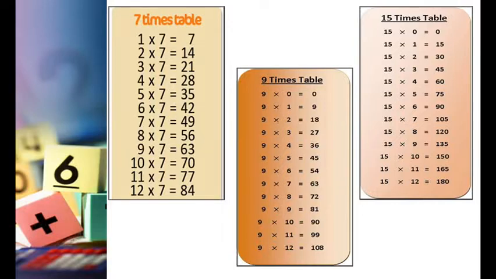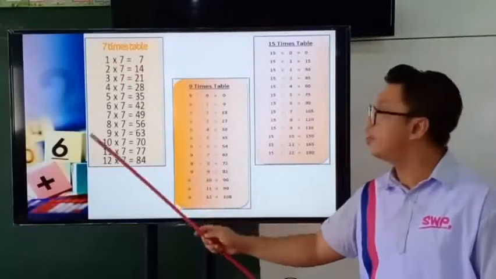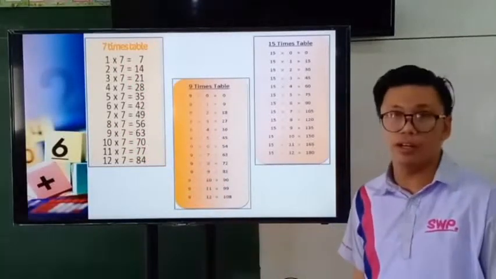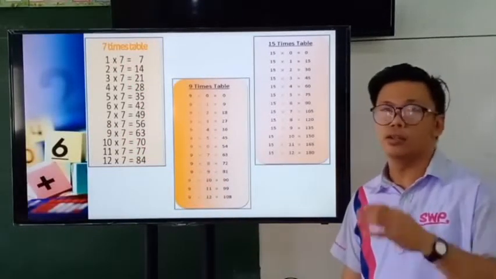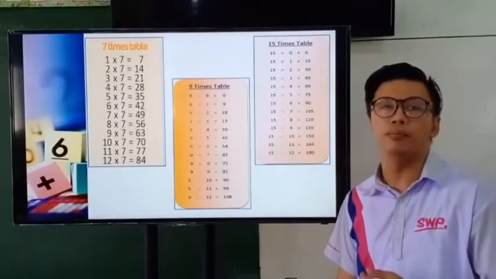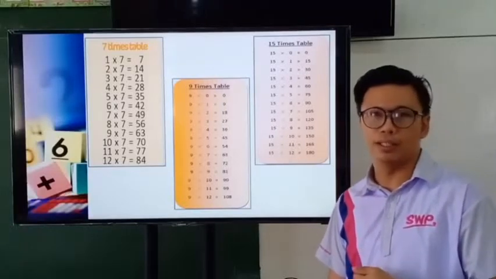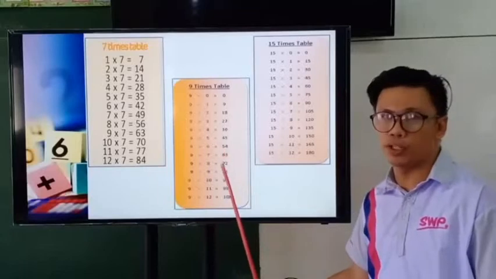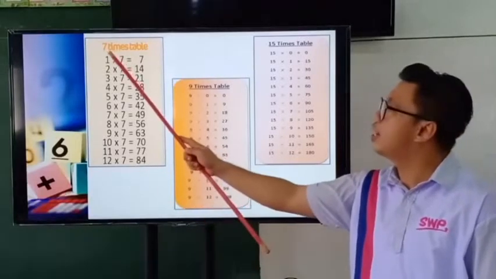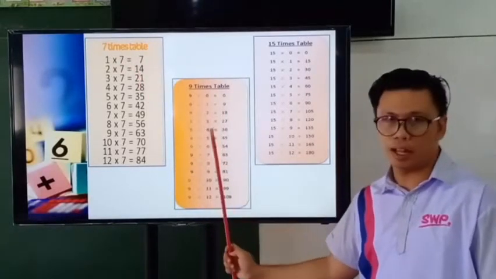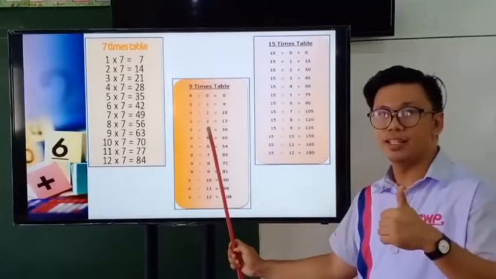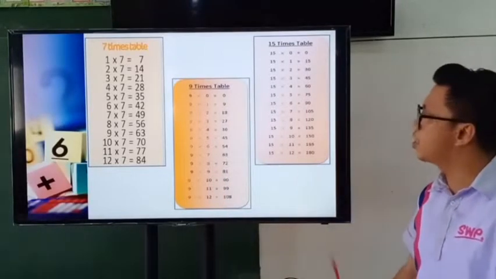If you memorize 1 times 1, 2 times 2, 2 times 3, 4 times 4, 2 times 5, 4 times 6, 7 times 7, you will not have a problem in mathematics. So this is very important, that you memorize the times table. Did you get it? Okay, now let's go to the next.